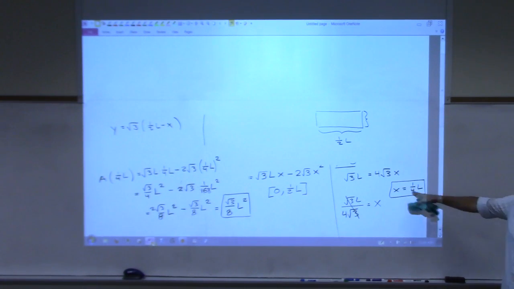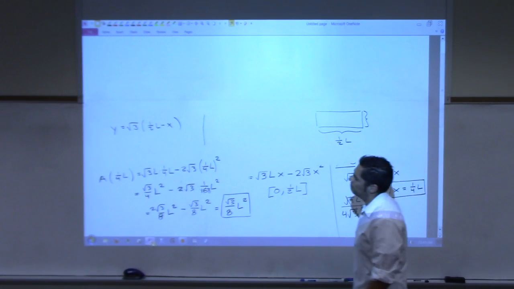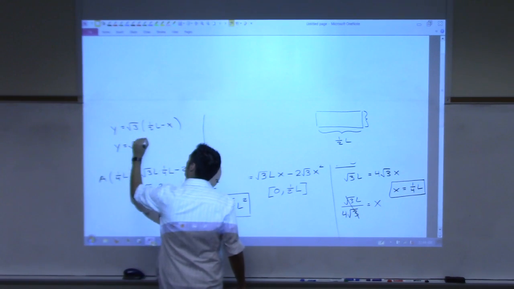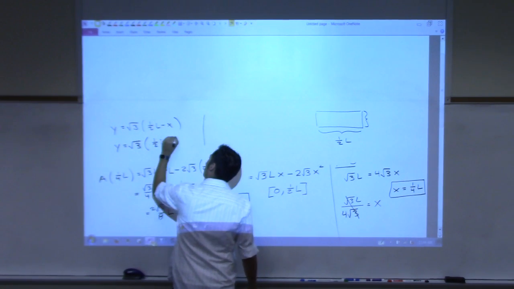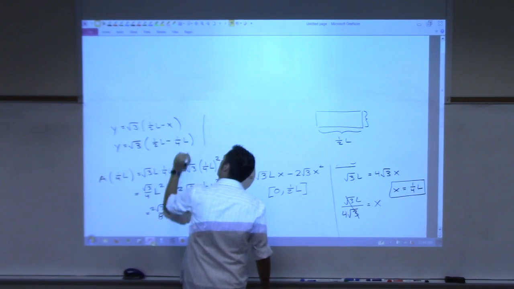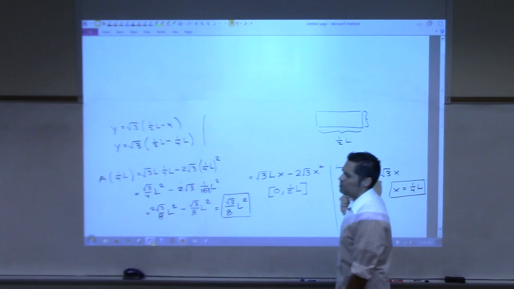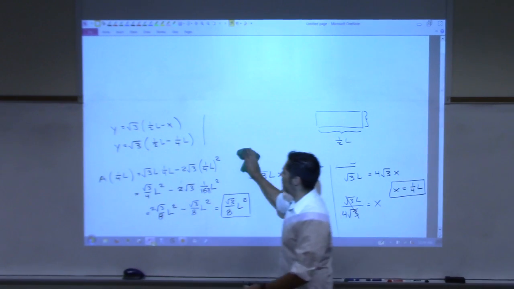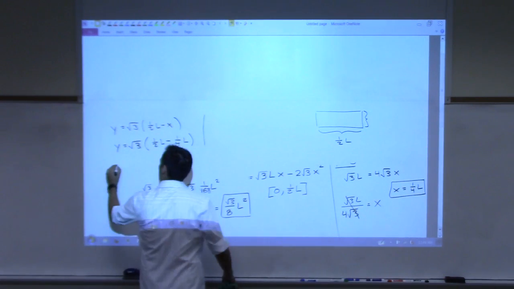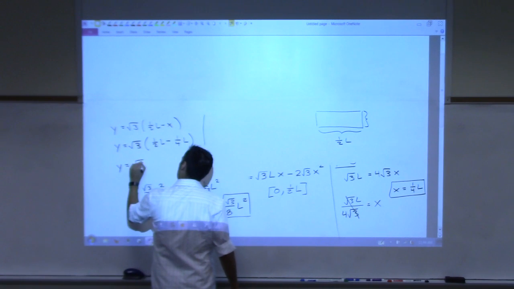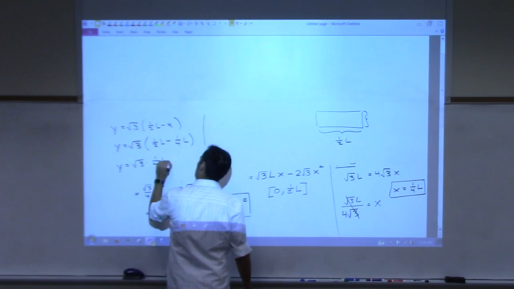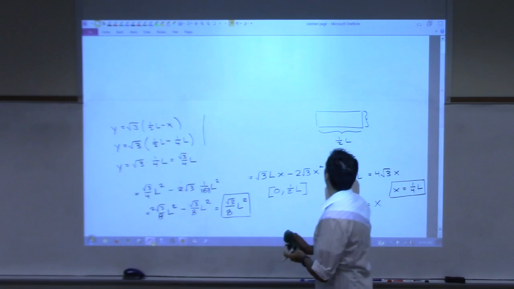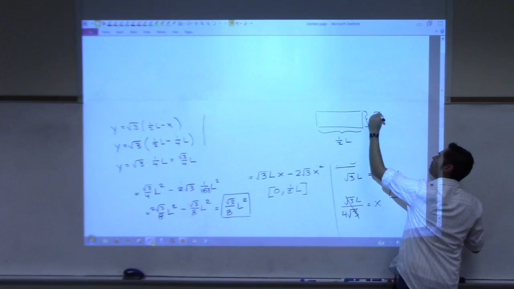So take this x and plug that in. So you get y is equal to root 3 times 1/2 L, take away 1/4 L. Isn't that just 1/2 minus a fourth is a fourth? So you get a fourth here. So y is equal to root 3 times 1/4 L, which is just root 3 over 4 L. That's how long this side should be.